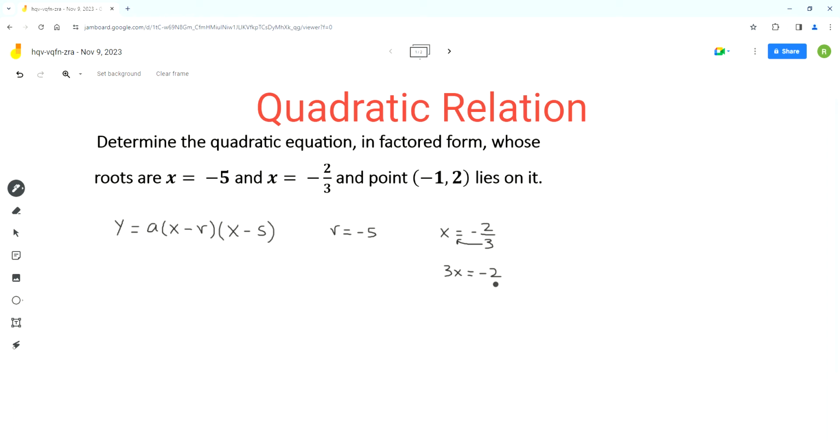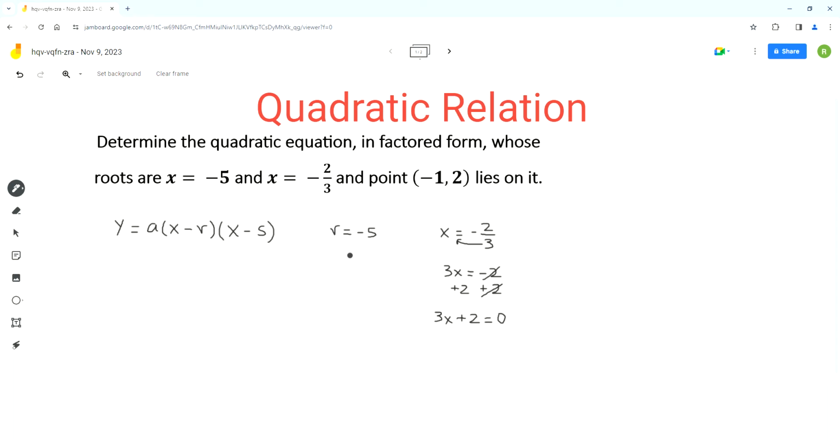Now we have to move this -2 to the left side of the equation, so we can set the equation equal to 0. So we add 2 to both sides. As a result, the 2's on the right side cancel each other out, and we get 3x plus 2 equals 0. So this is the second factor that we get from the second given root.